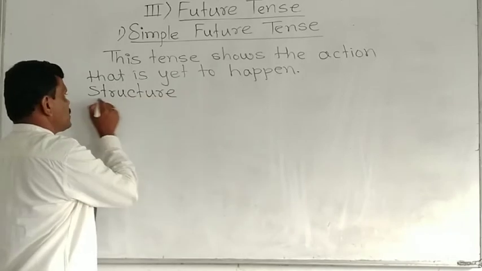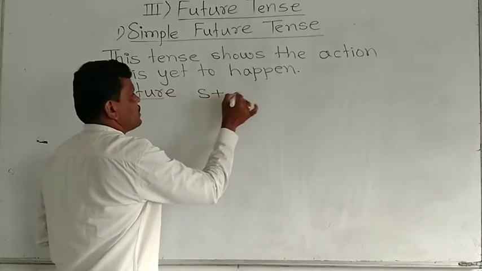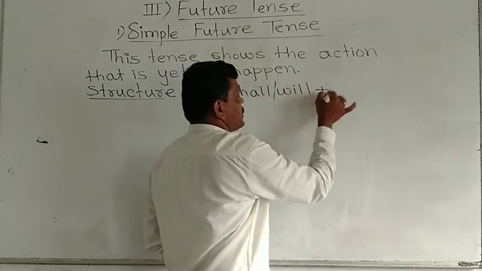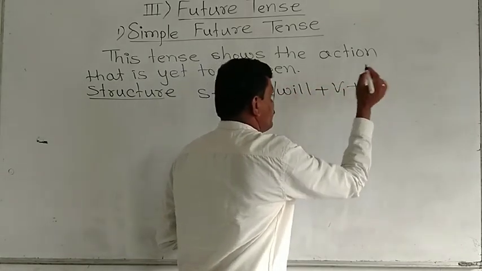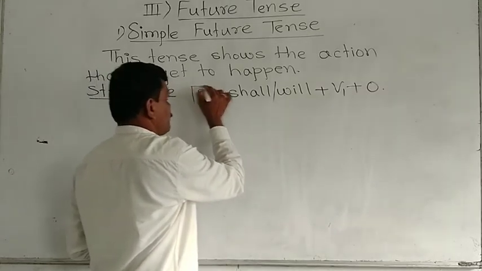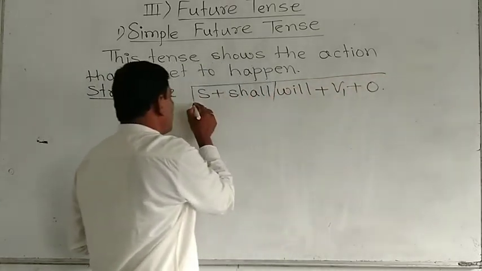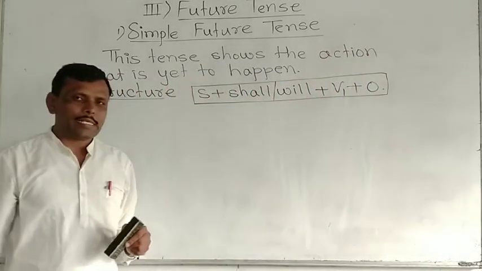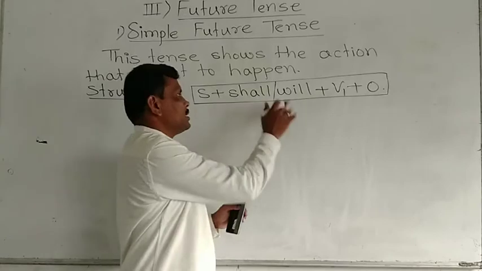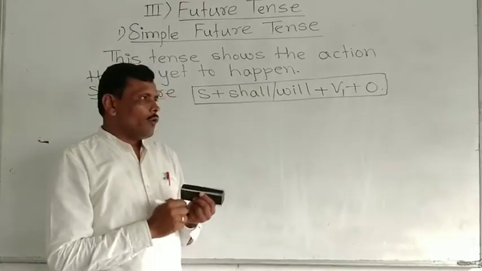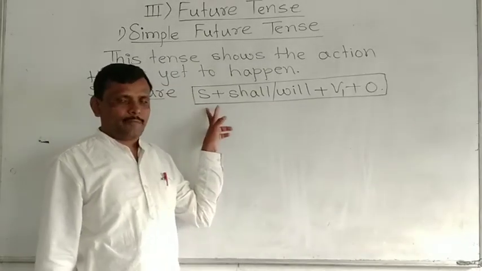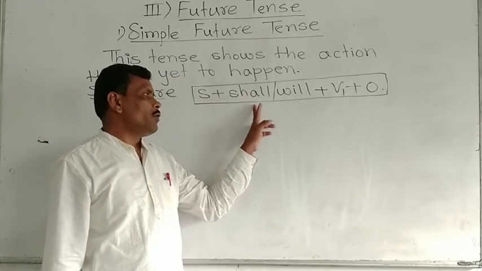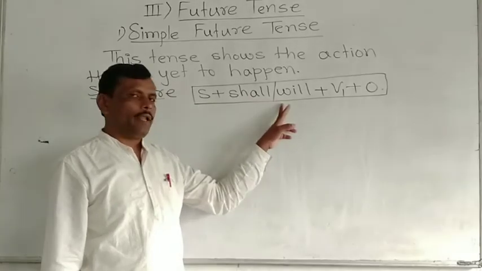The structure is subject plus shall or will plus V1 plus object. We have written the structure of an assertive sentence, and this assertive structure shows simple future tense. What is used here? Subject. At first we have to use the subject. After the subject we have to use shall or will.